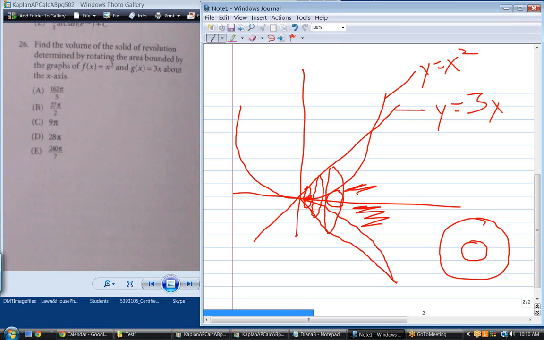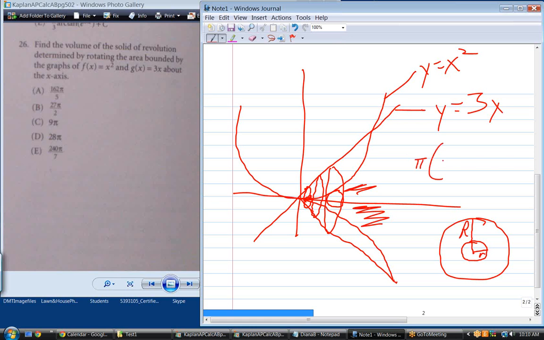And so what's the area of this washer? If this outside radius is, say, capital R, and the inside radius is little r, what's the area of that washer? Would it be like pi capital R squared minus pi little r squared?